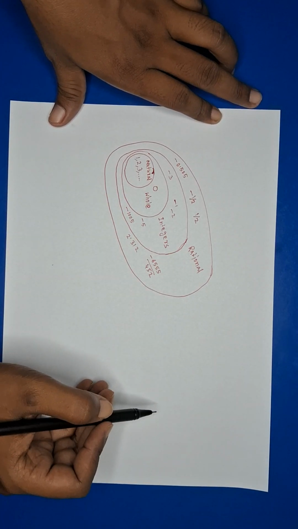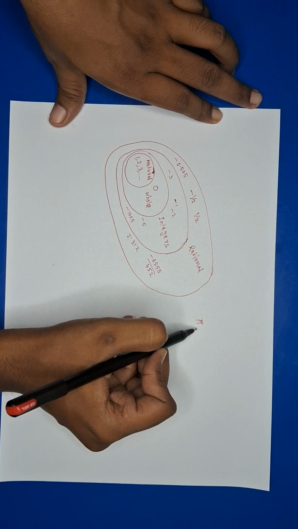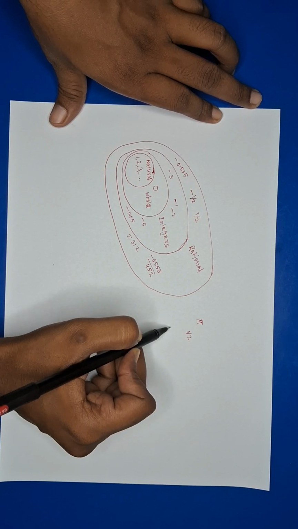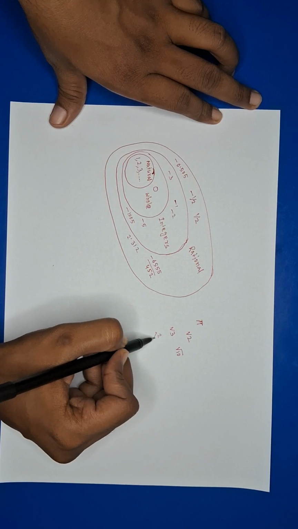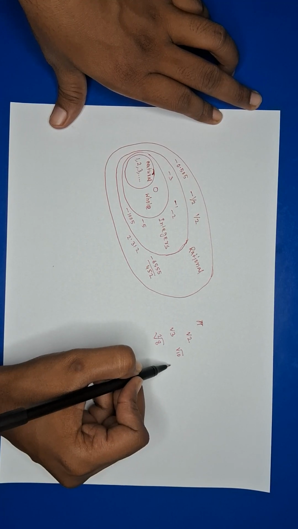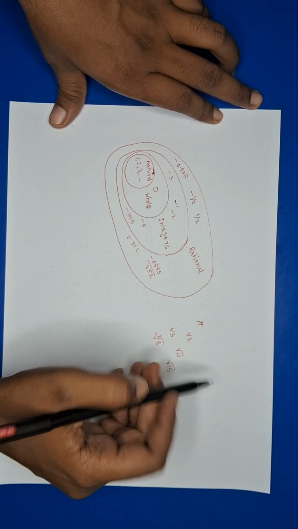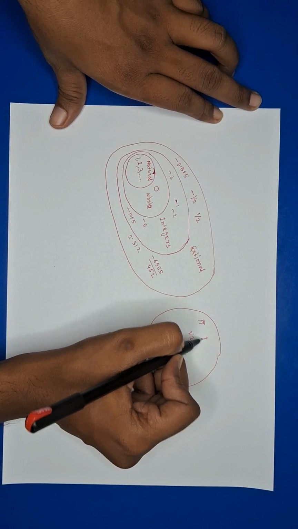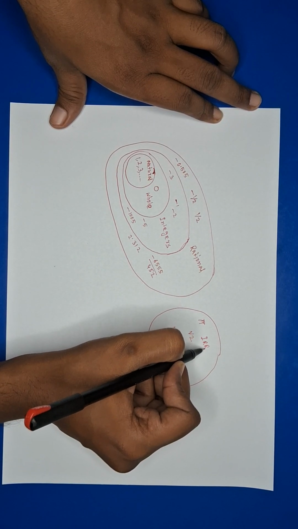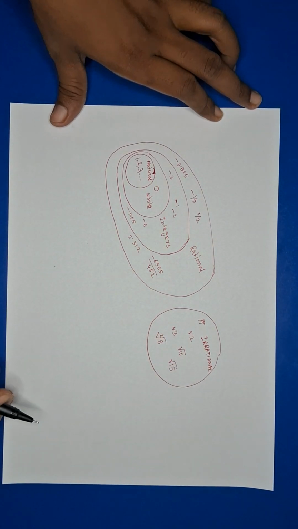Then if we take some other numbers like pi, √2, √3, √10, 2 root of 8, √15, this becomes irrational. This doesn't come under this. This will be a separate thing. Irrational numbers.